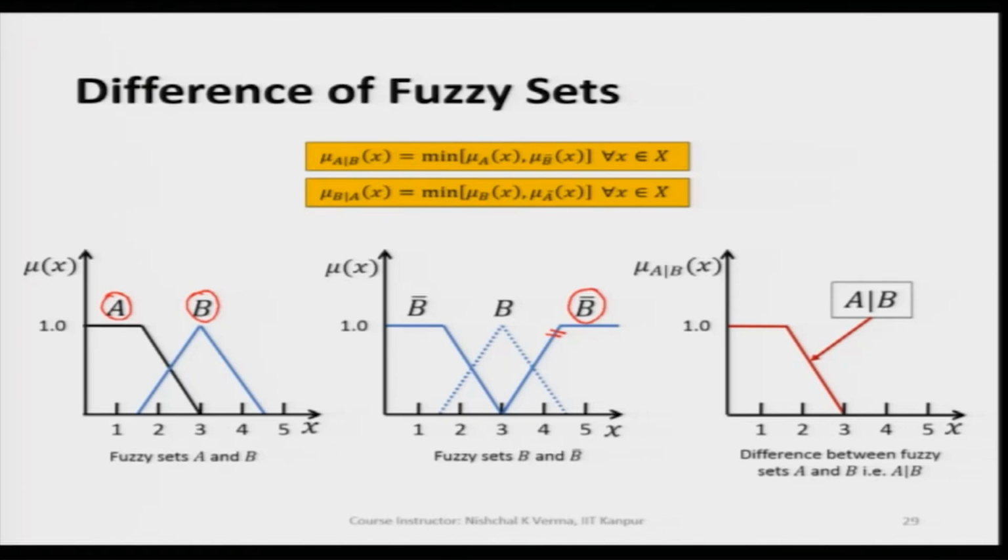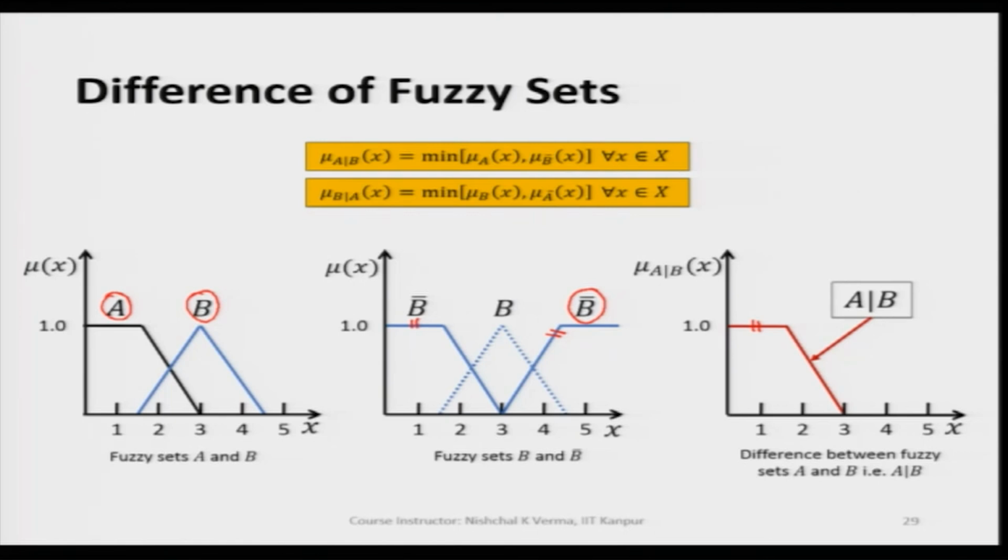When we apply this condition, we find the difference between fuzzy sets A and B, which is represented in red color.